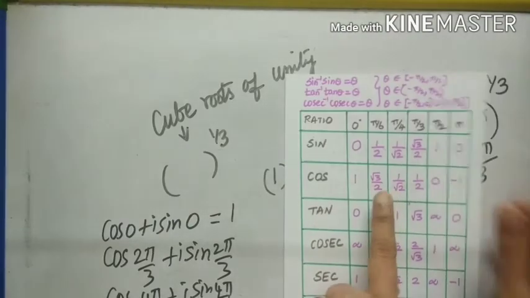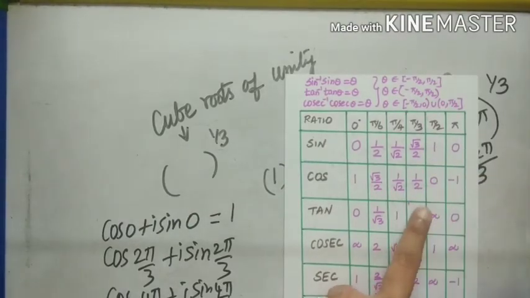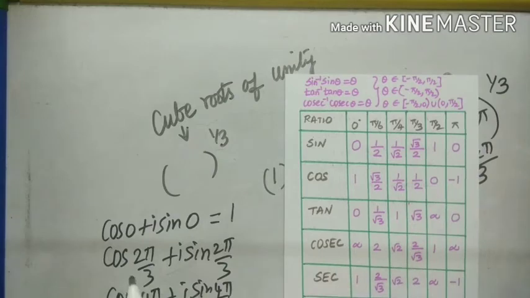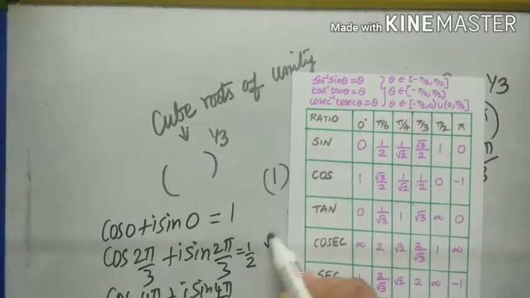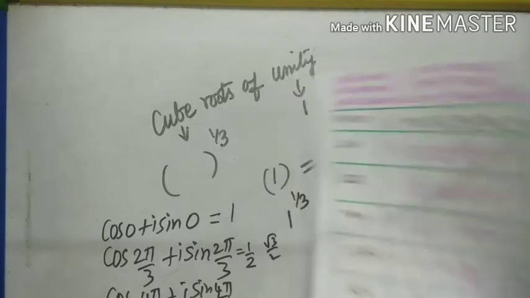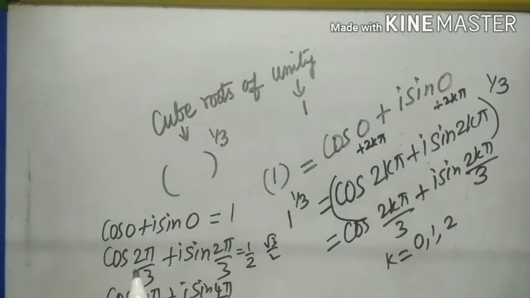For pi by 3, cos is 1 by 2 and sin is root 3 by 2. I have to put the quadrant correctly. Second quadrant means cos negative, sin positive. So what is my answer? Minus 1 by 2 plus root 3 by 2 i.